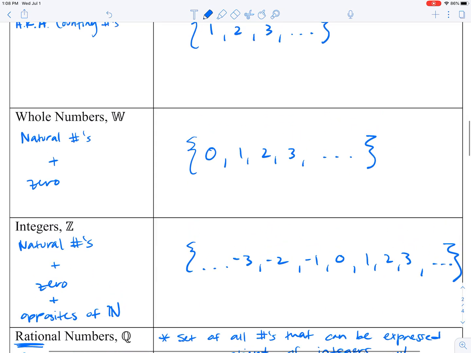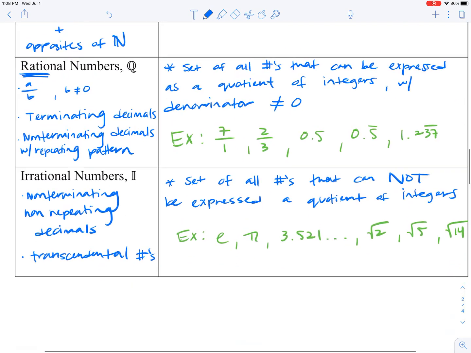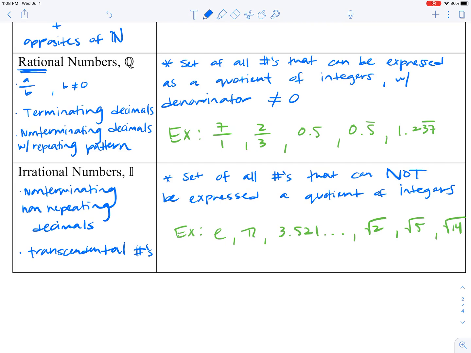So the rational numbers are a subset of the real numbers. The irrational numbers are a subset of the real numbers. Now, the rational numbers had a bunch of subsets as well, right? We talked about the integers, whole numbers, and natural numbers being subsets of the rational numbers. The irrational numbers are not a subset of the rational numbers, and the rational numbers are not a subset of the irrational numbers.